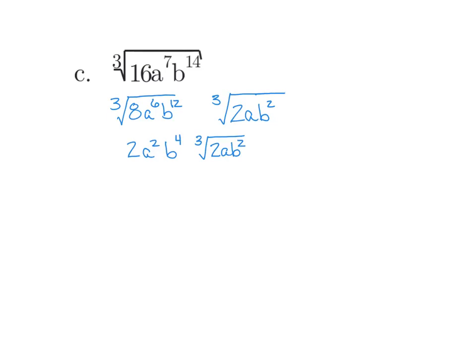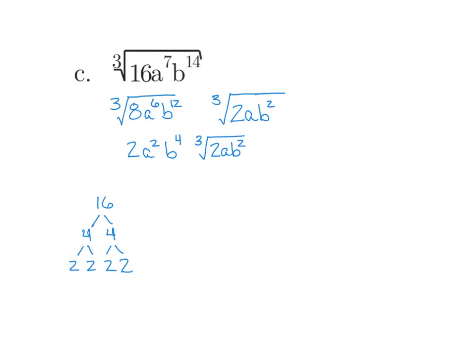So let's go ahead and do this using factoring, including the variables. So 16, things that multiply to 16, I have 4 and 4. 4 is equal to 2 times 2 for both of these. So we get 16 is equal to 2 times 2 times 2 times 2.